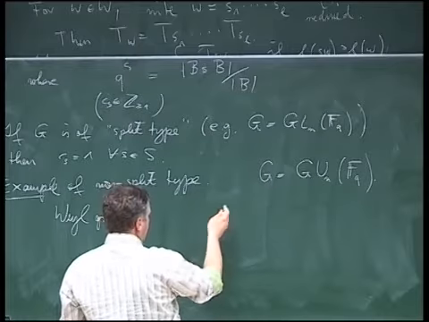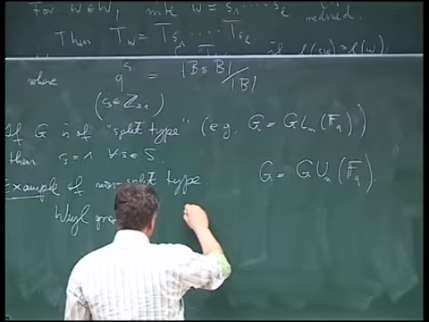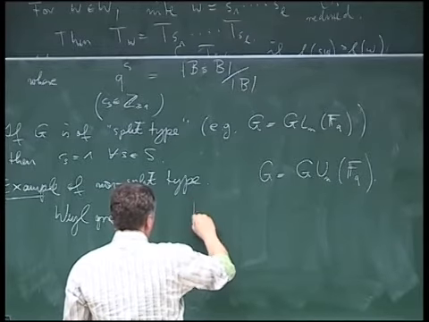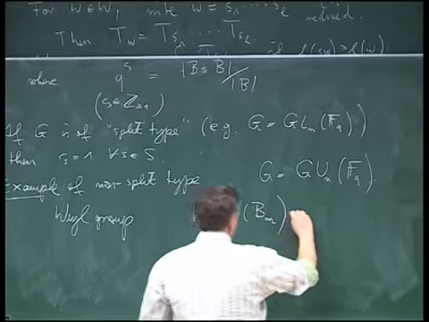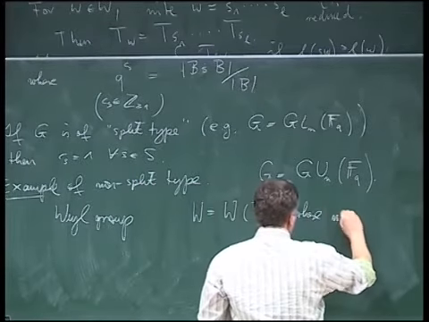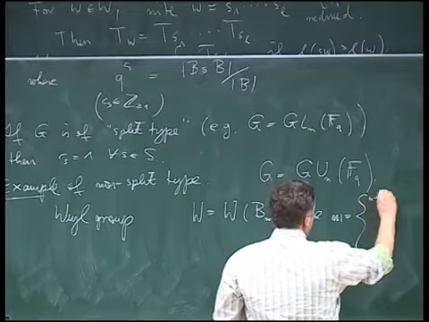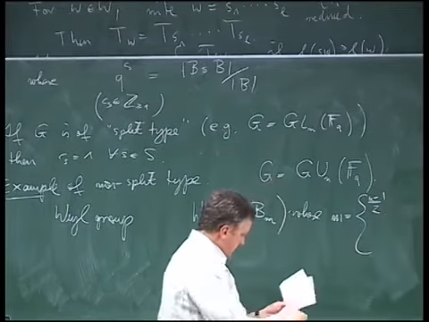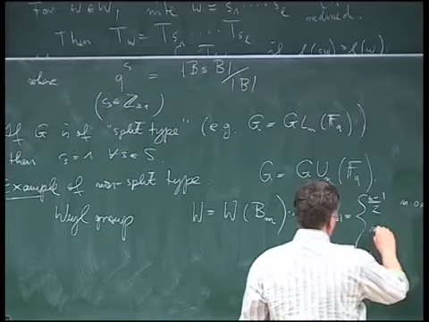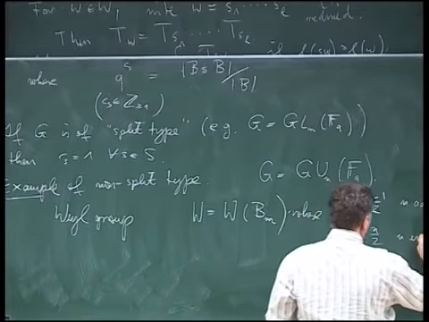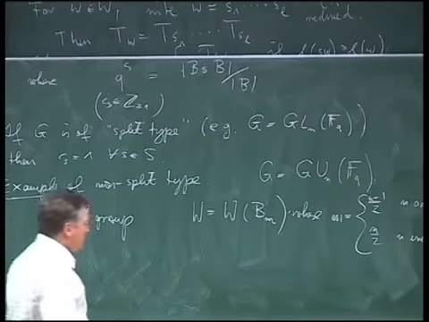of type B, where m is (n minus 1) over 2 if, is this correct? Yeah, if n is odd, and n is even.